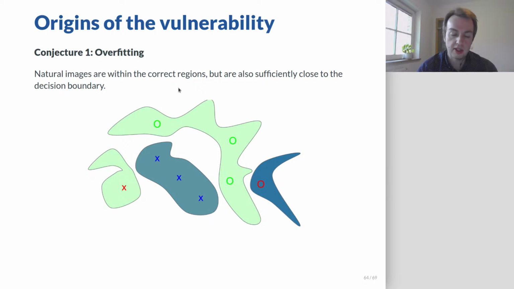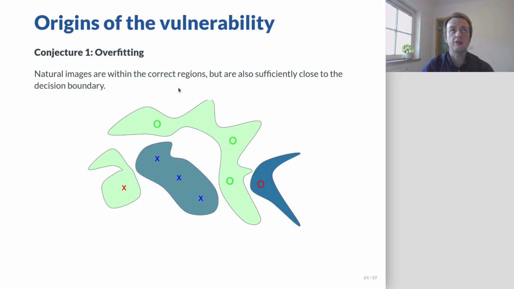By that, I mean that, for example, if you look at systems that take as input natural images, they are indeed correctly classified. So that means natural images are put within the correct regions in the pixel space. But at the same time, they are very likely, and this is the hypothesis, to be close to the boundary of these regions. And they are sufficiently close for these random perturbations to exist in practice. And indeed, that makes sense.